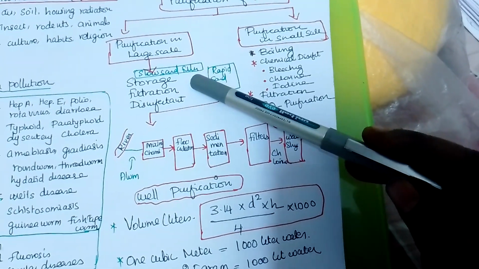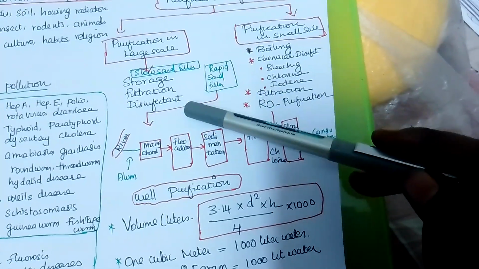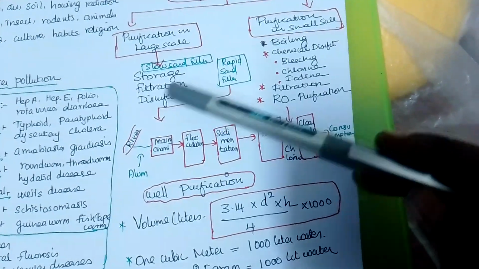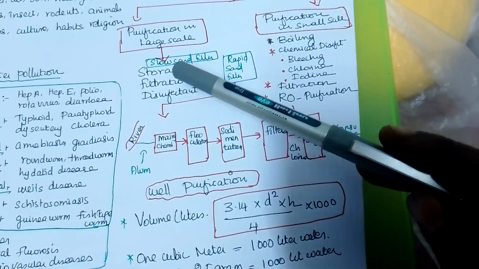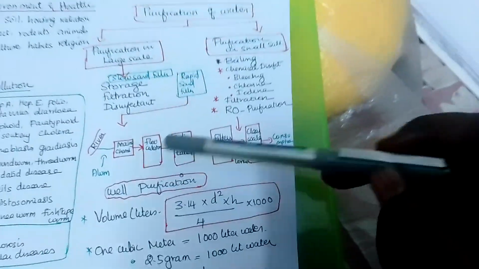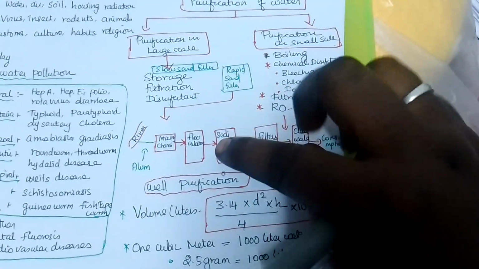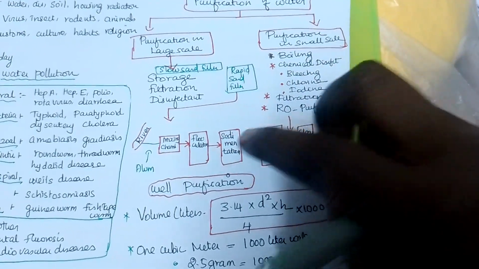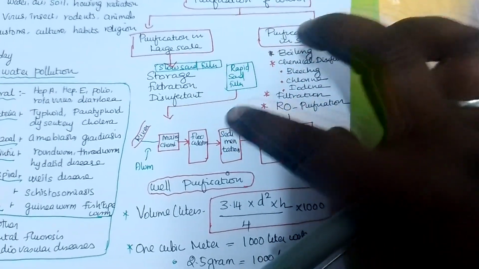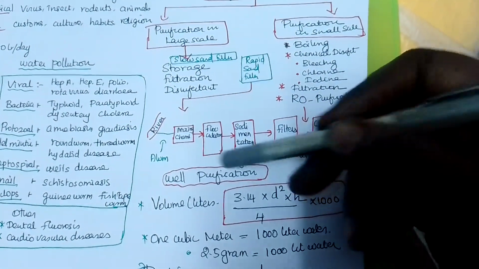The slow sand filter doesn't need any big machines or equipment. First you will store the water. Where do you store the water? In the storage, you will put big stones, then smaller stones, then gravel, and afterwards sand.